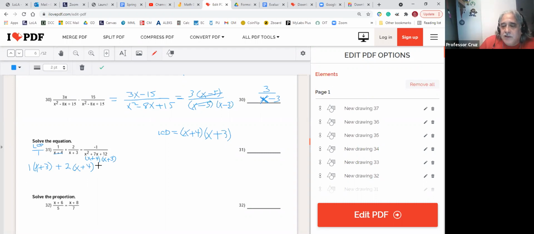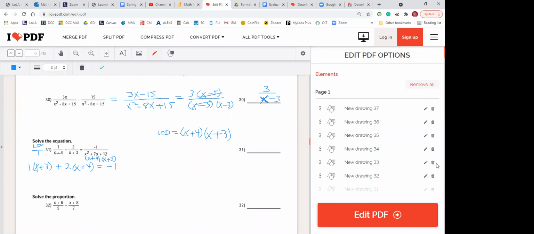And then over here on the other side of the equal sign, when I multiply this fraction times that over 1, then I'm going to lose the whole denominator, and all I've got left is a negative 1. Does that make sense? Okay.